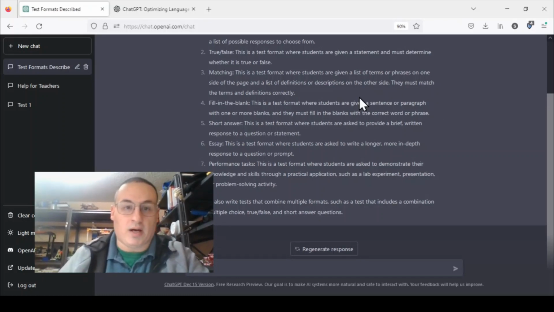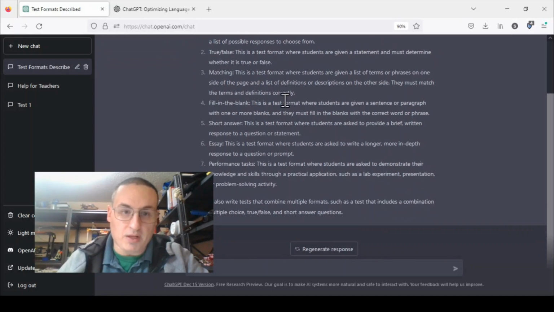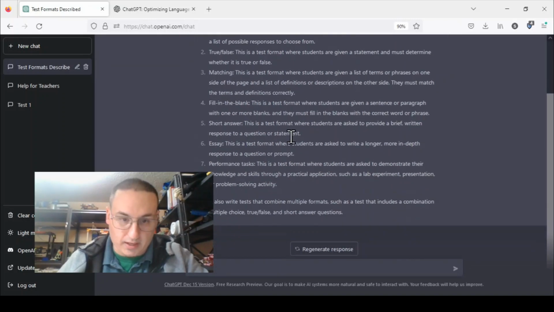Now, test format wise: multiple choice, true false, matching, fill in blank, short answer, essay, and performance task. Performance tasks would be great for lab stations or STEM stations.